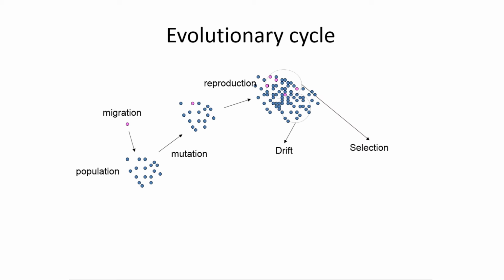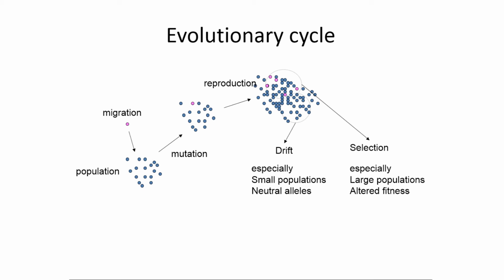And drift can, as a result, eliminate the new mutations that are at low frequency, or selection might be able to grab hold of them if they have a fitness advantage and amplify them. So drift is really important, particularly in small populations, and particularly when there's not much selective advantage between the different alleles. Selection is really important in large populations and where there's significantly altered fitness.